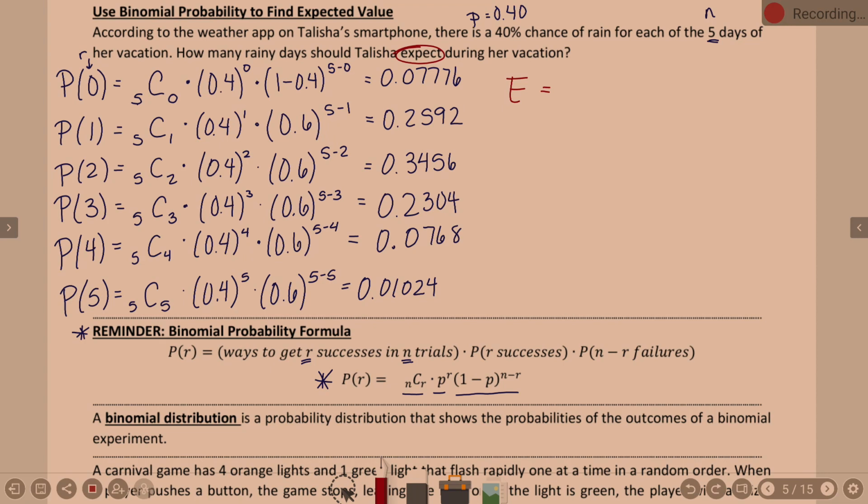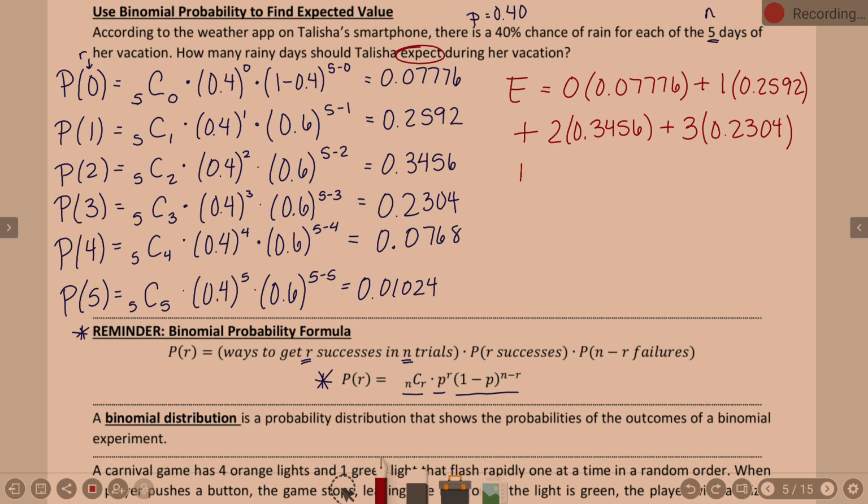So it's 0 days times the probability of 0.07776, plus, what's the probability that 1 day is rainy? 1 times 0.2592, plus, what's the probability that 2 days are rainy? 2 times 0.3456, plus 3 days times 0.2304, plus 4 days times 0.0768, and plus 5 days times 0.01024.